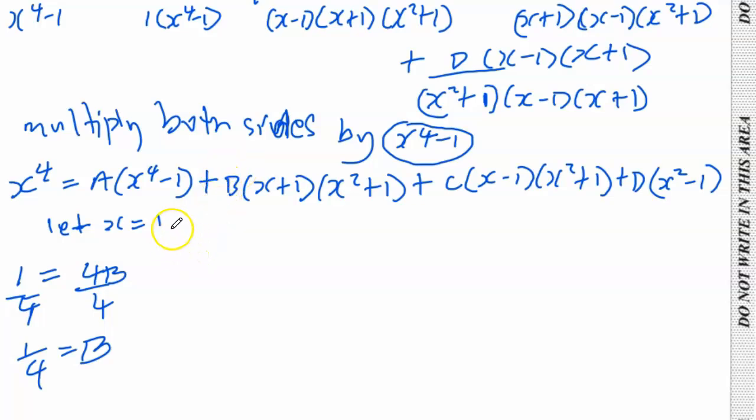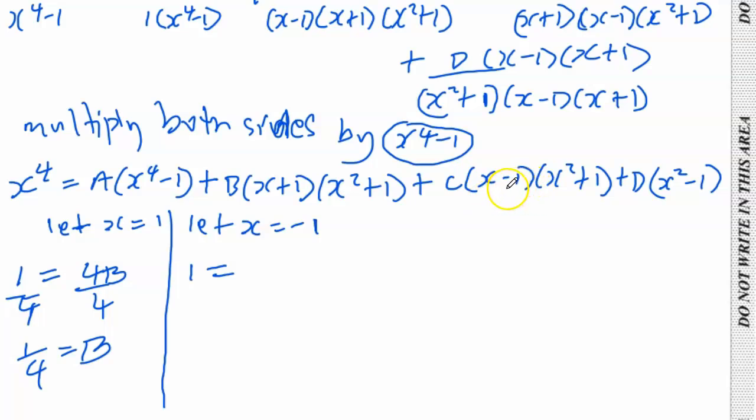Next, we can let x be negative 1. So negative 1 to the power of 4, 4 is an even power, so we'll get 1. And the other side, if x is negative 1, then this would be 1 minus 1, which is 0. The second term would also come to 0 because negative 1 plus 1 is 0. The final term would have negative 1 squared, 1 minus 1, 0. So we'll only be left with the c term.